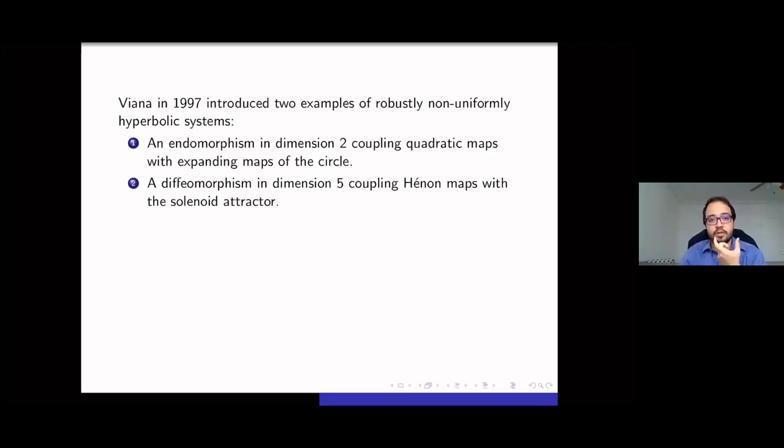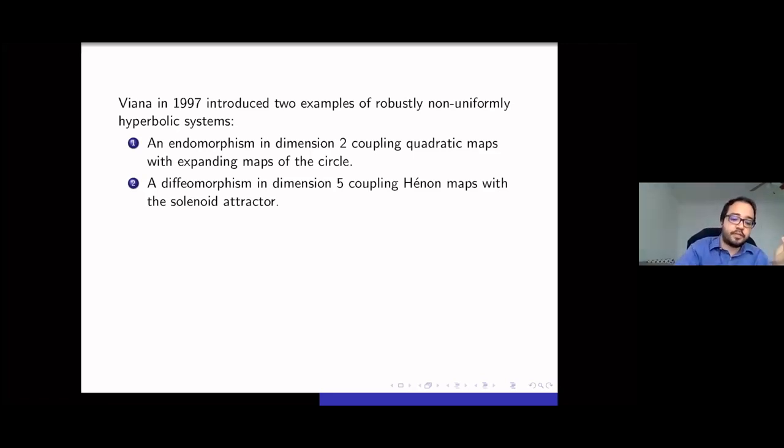He talks about doing random perturbations where you add translations depending on some interval, and because of this random noise, the analysis becomes easier. This type of philosophy also appears in examples in dynamics, where, instead of random noise, you couple your system with some hyperbolic system on the base.